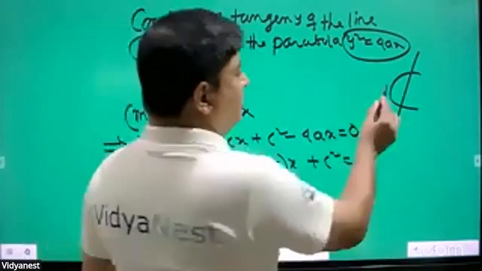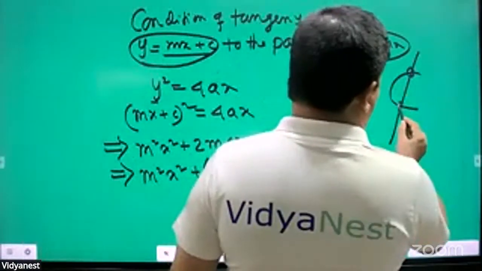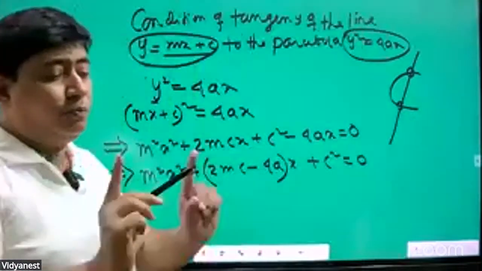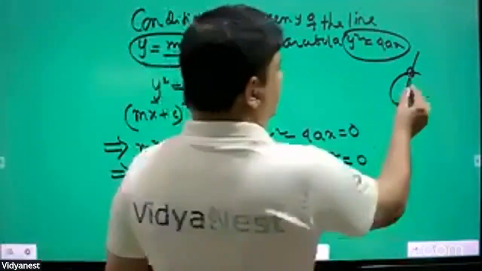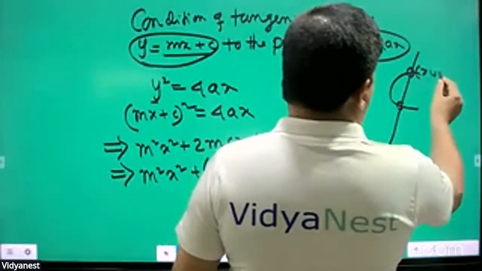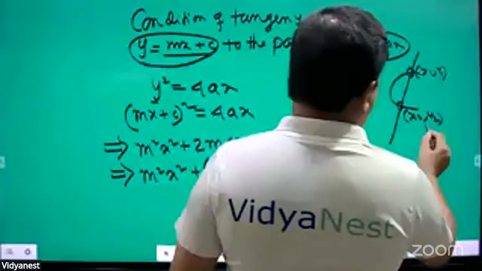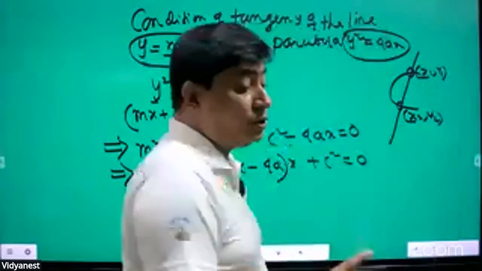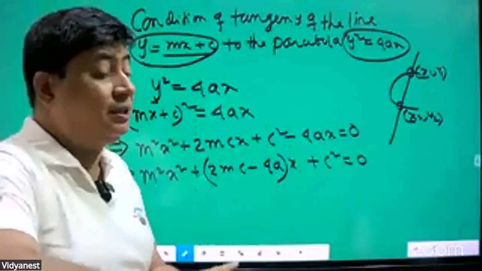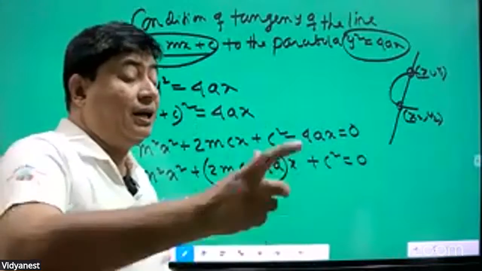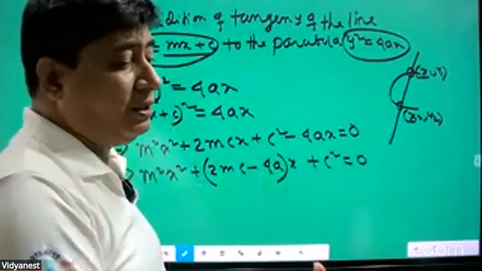Now, what we have observed, the line cuts the curve in 2 points. That means it has 2 values of x, 2 values of y. Once you get 2 values of x, that will remind you the existence of 2 roots of a quadratic equation.